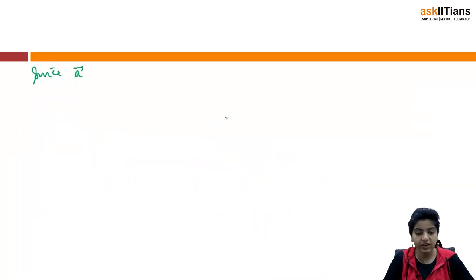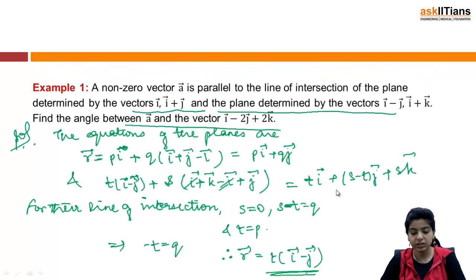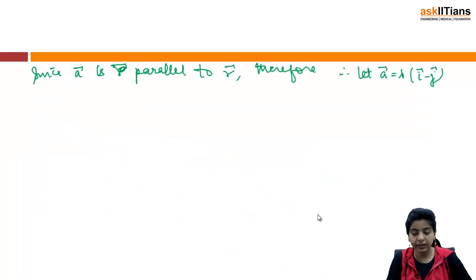Okay, so since A is parallel to this vector, A is parallel to R, therefore A is parallel to R, therefore we can assume A to be lambda times (i minus j). Since my R is T times (i minus j), and A is given to be parallel to R, therefore A can be assumed to be lambda times (i minus j).